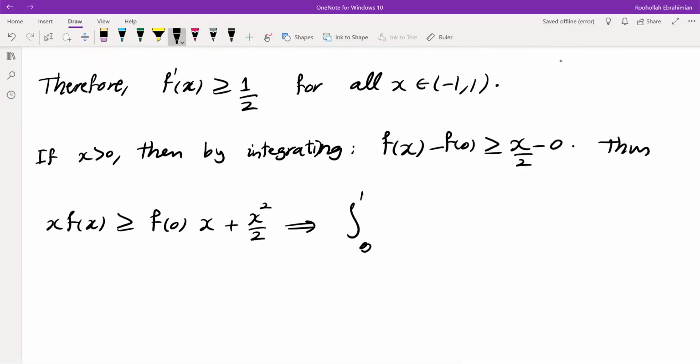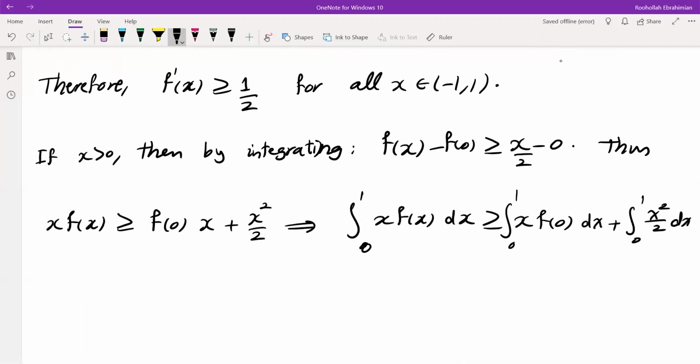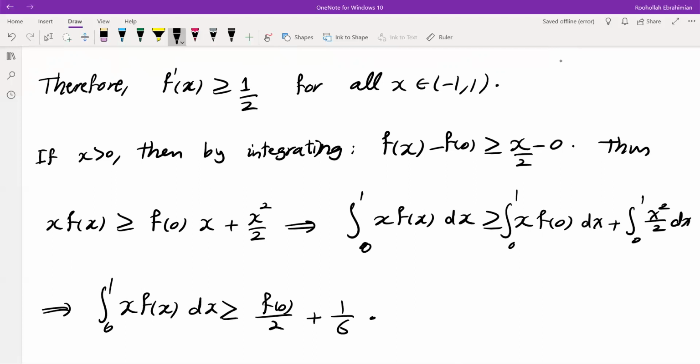So the integral from 0 to 1 of x f of x dx is greater than or equal to the integral from 0 to 1 of x f of 0 plus the integral from 0 to 1 of x squared over 2 dx. Which means the integral from 0 to 1 of x f of x dx is greater than or equal to f of 0 over 2 plus 1 over 6.